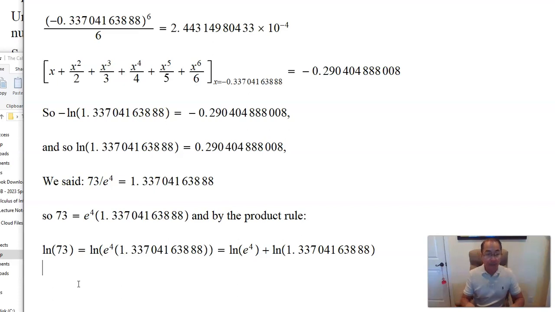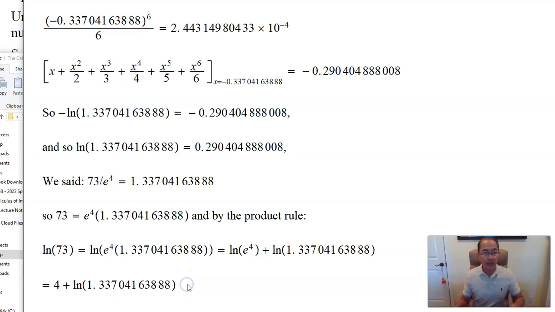So we will get 4. That is just 4. So we have equal to 4, plus ln of this. And we saw that the ln of this thing is this much.